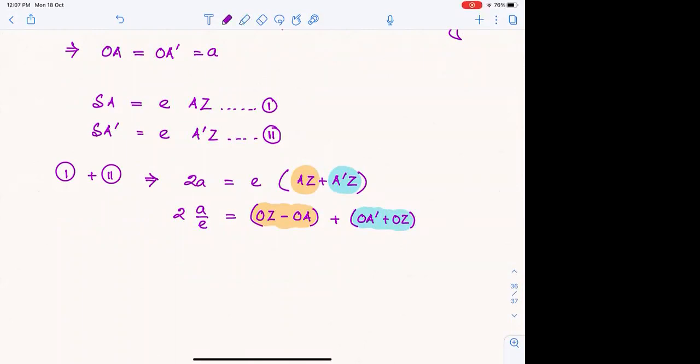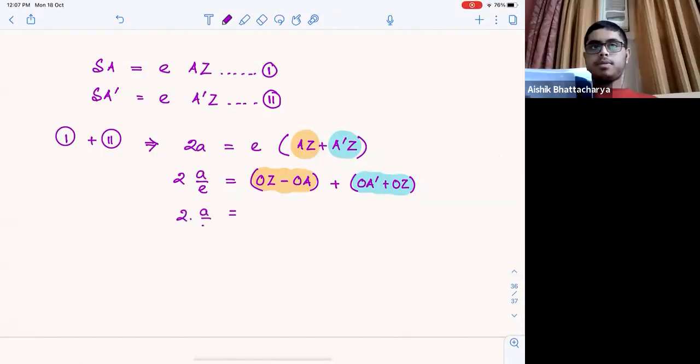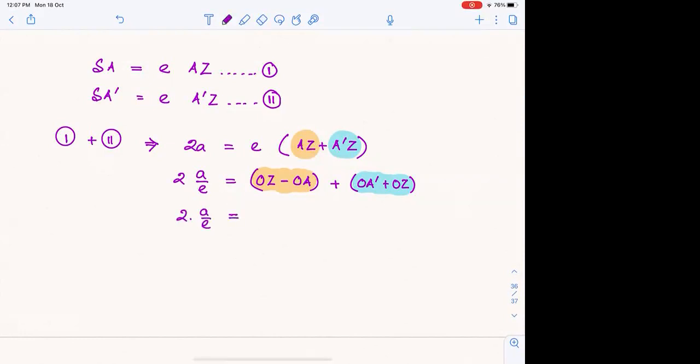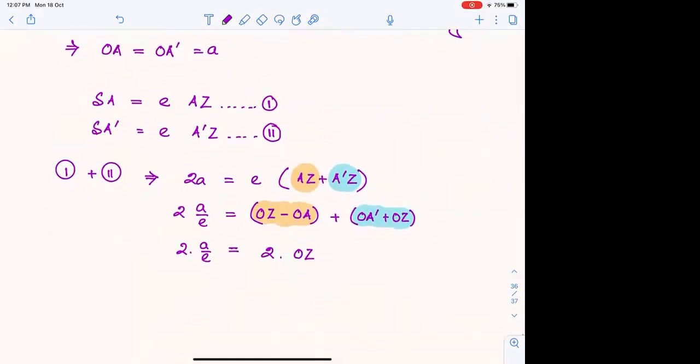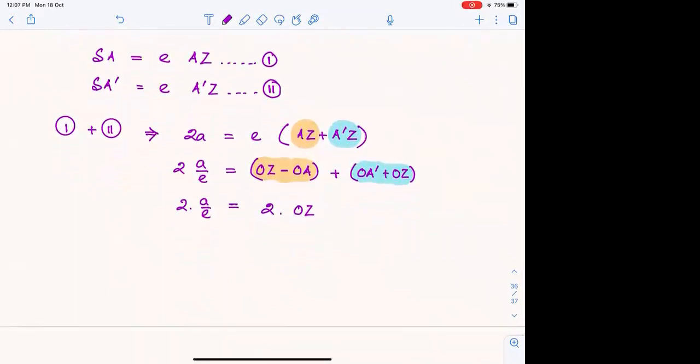So if we perform the addition of these two, that gives us twice a by e equals twice OZ. OA and OA dash being equal, once appearing in positive and negative, they will be cancelled out. So that confirms OZ is a by e.